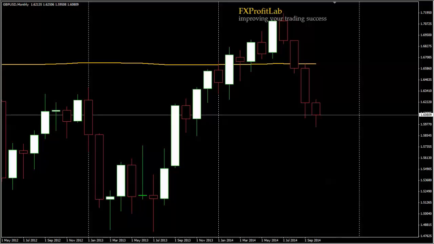What they often also talk about is something called the 50 moving average. Let's put that on the chart. So I've now put the 50 moving average on. Now, I'm not sure if I explained what a moving average is properly. Essentially, a moving average is an average of the last however many number of candles.